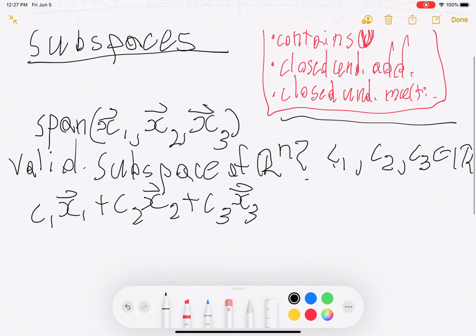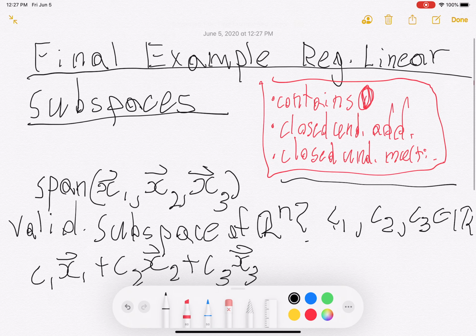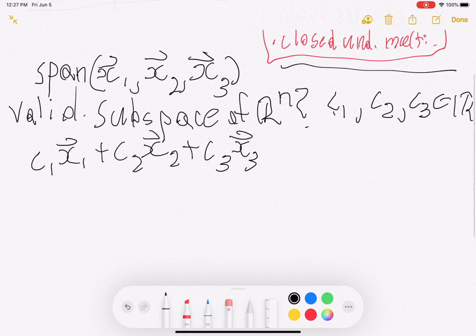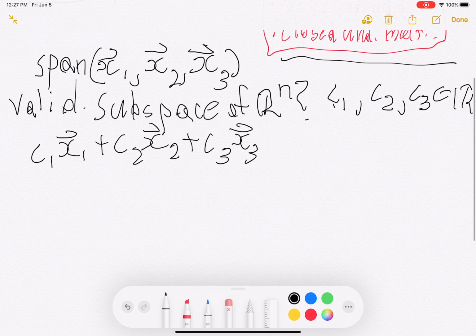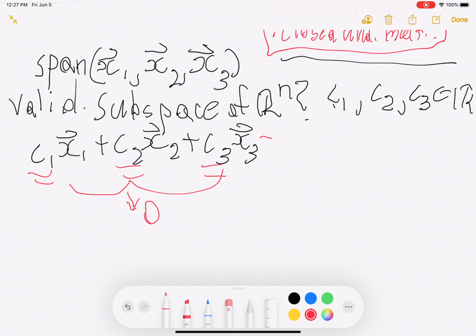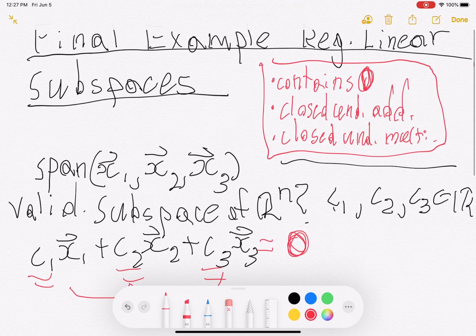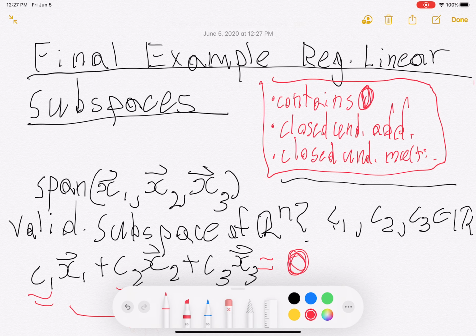And 0 is obviously a member of the reals. So we can just set all of the constants equal to 0. So we can write it as equals 0. And that will output the 0 vector. So as we can see, this set of vectors obviously contains the 0 vector.